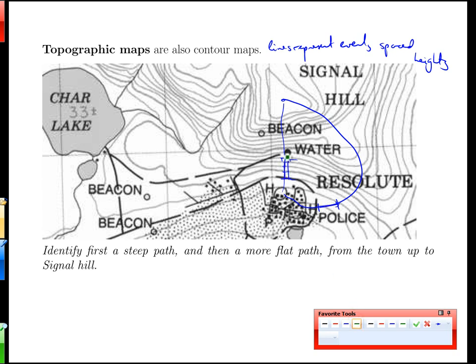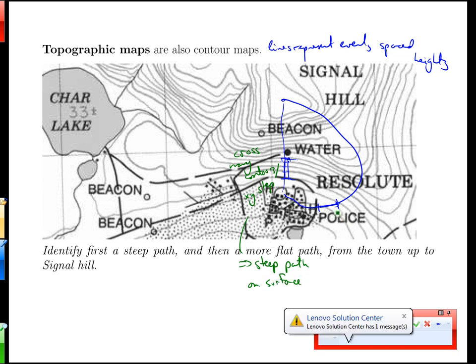It means for a certain step in X and Y, same step in X and Y, here you're going up very quickly. You're crossing many contours. And here's the important thing, per unit step in X and Y. And that means it's a very steep surface, or path over that surface. Actually, no, let's say path on the surface.